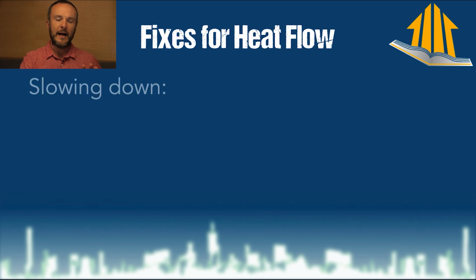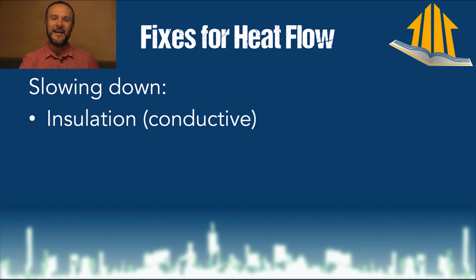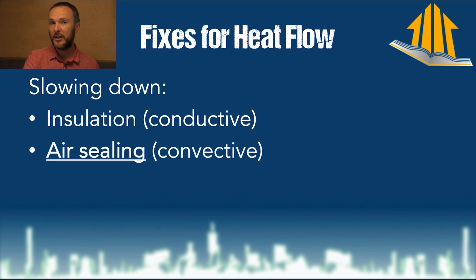Now, in order to control this, in general, we're talking about slowing down the heat bleed that is going on in homes. And a lot of that is what we're trying to do with this load calculation. If you're trying to slow down conduction, you use insulation to do that. If you're trying to slow down convection, you use air sealing to do that, or duct sealing to do that.